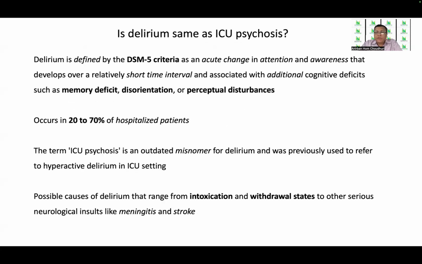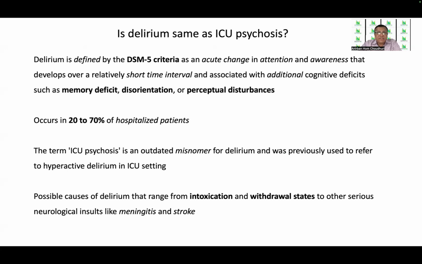It is very important to clearly have an understanding of delirium before diagnosing delirium. The term which was often used in earlier days to tell about delirium or mimic some conditions akin to delirium was ICU psychosis. Now, is delirium same as ICU psychosis?